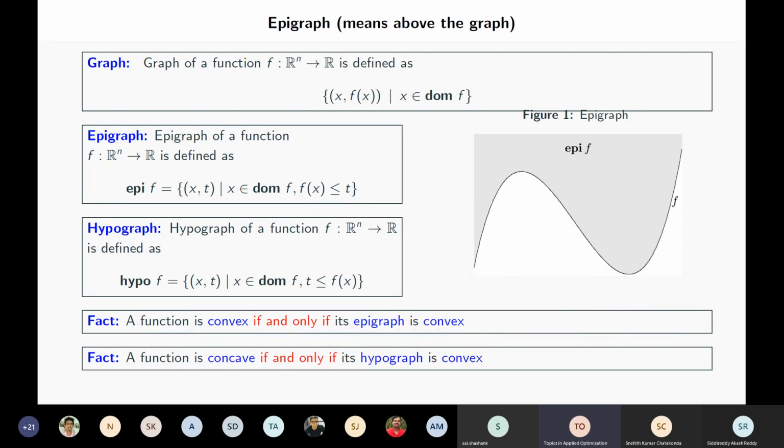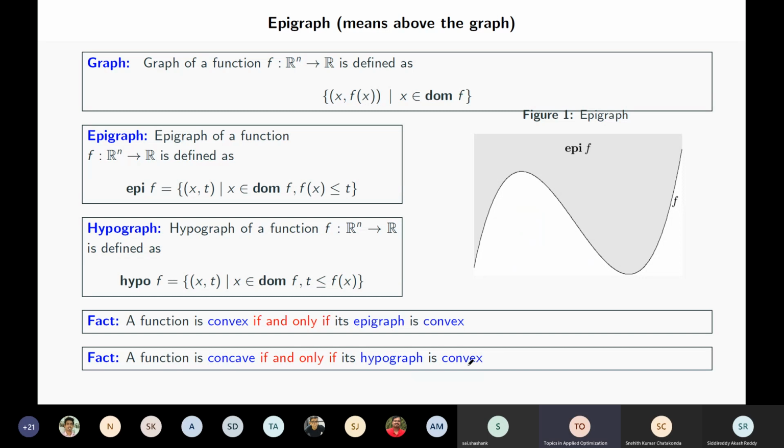Similarly, we can make a similar argument for concave. In the concave case, we have to go for the hypograph, which will be this.